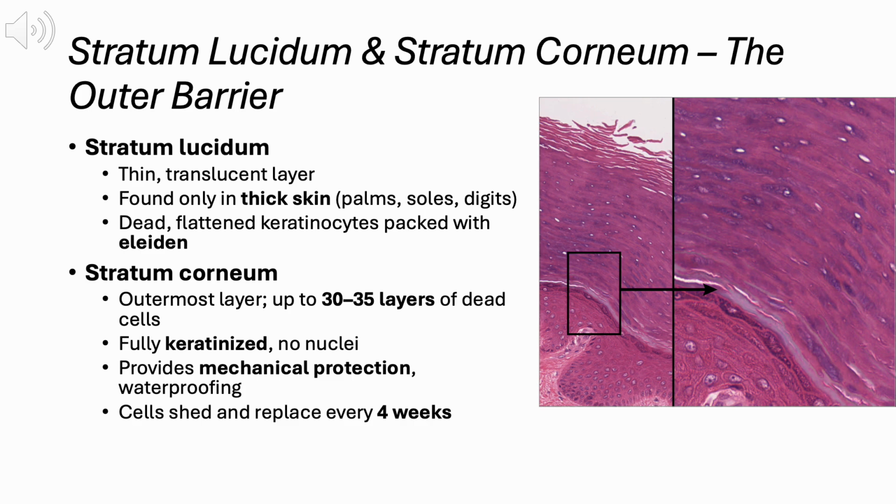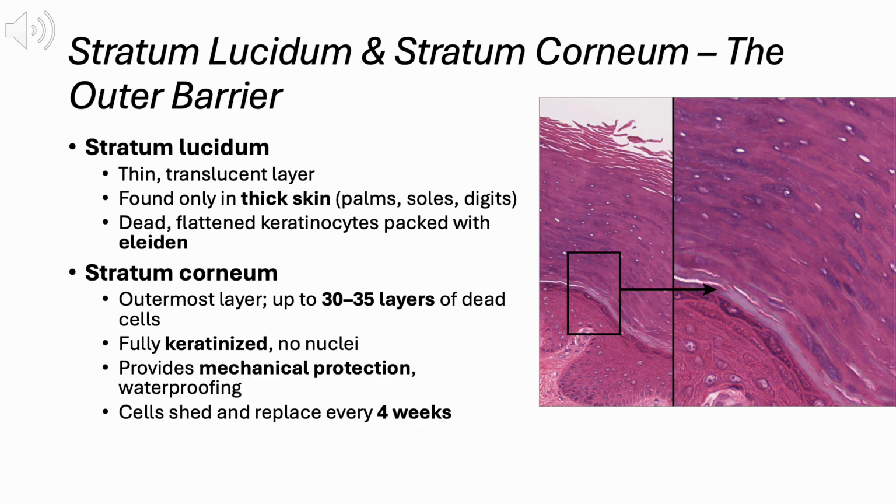Above that is the stratum corneum, the outermost layer of the epidermis. It consists of up to 30 to 35 layers of anucleate, fully keratinized cells. These dead cells are tough, dry, and tightly packed, forming a durable shield against mechanical damage, pathogens, and water loss. This layer is constantly shedding.